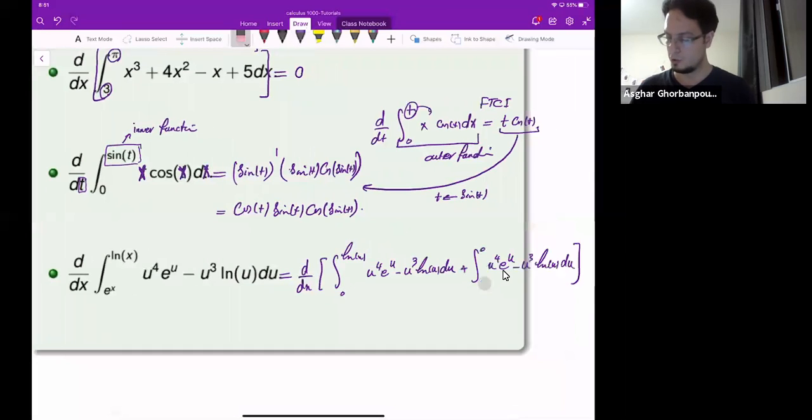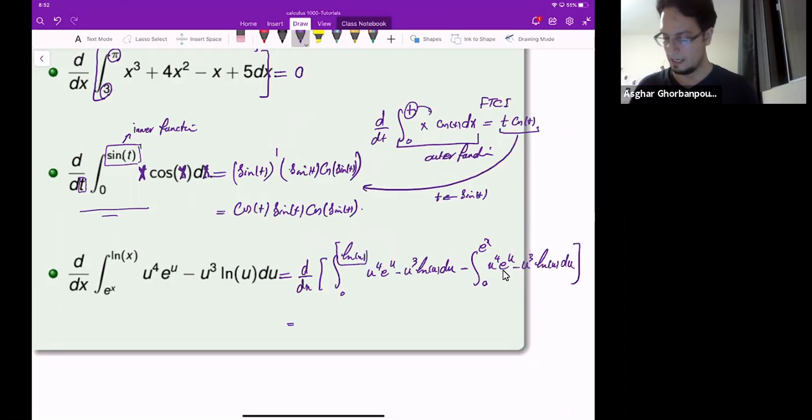And then switch the upper and lower limits of this one, but that will introduce a negative sign. The reason that I am doing this is just to generate a situation like example 3, and then you can go ahead and do the same steps as before.